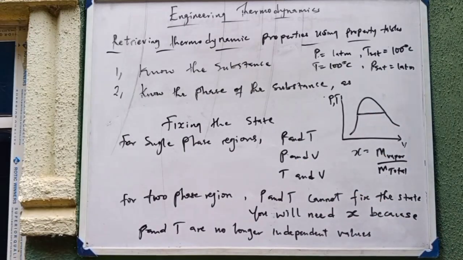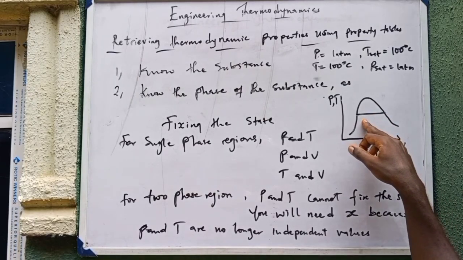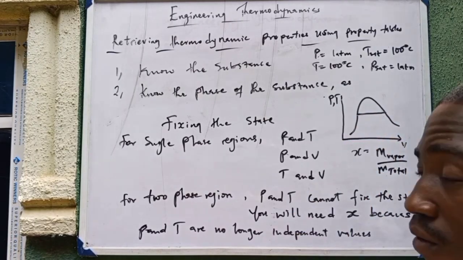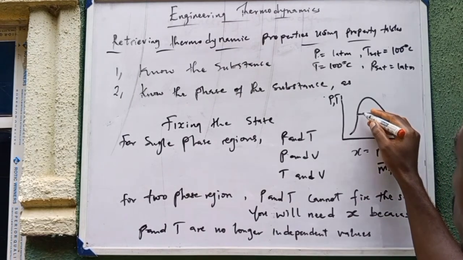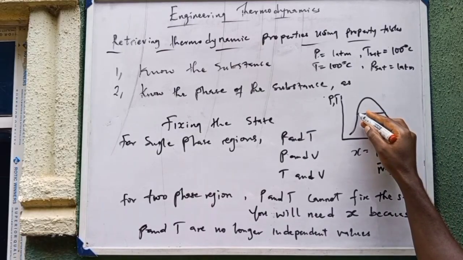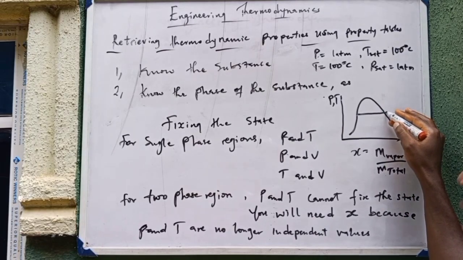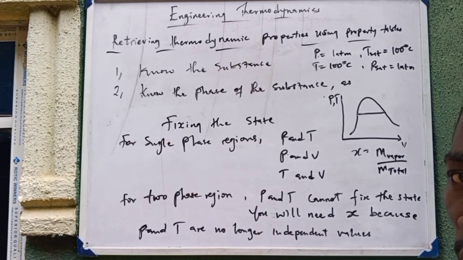What X does is to tell us the exact point on this line that represents the state of the system. So X will tell us whether we're on this point, on this point, on this point, or here. Here X is 0 and here X is 1. X has no unit, it's a ratio. It ranges from 0 to 1.